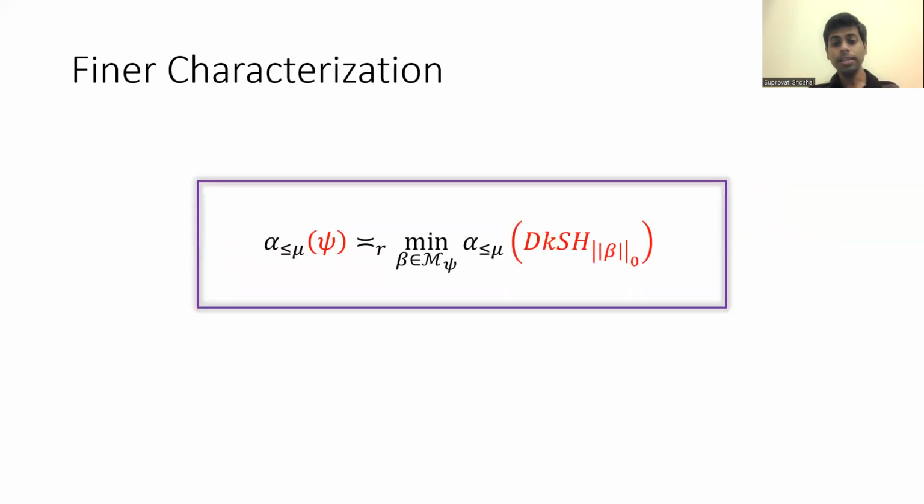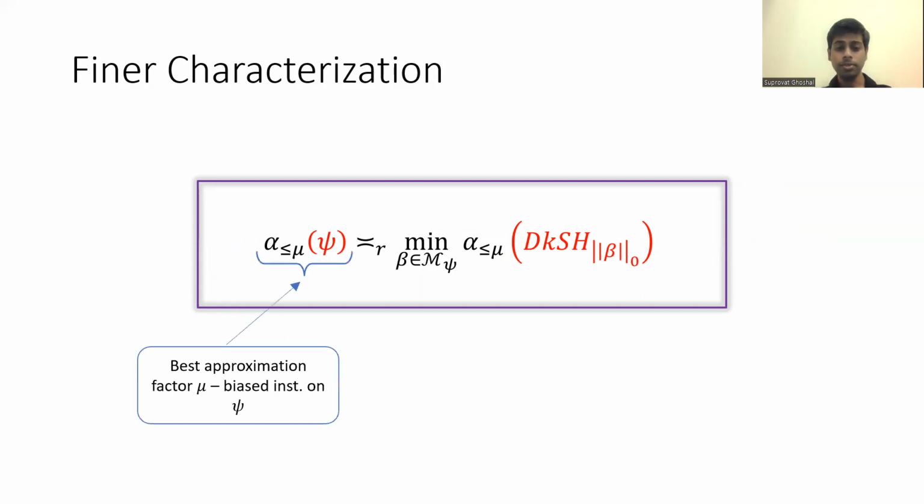Now, formally, what does this imply? Formally, it actually implies a somewhat complicated looking expression. So let's take a moment and unpack what this expression actually is saying. The left-hand side is, of course, the best approximation guarantee that we can hope for mu biased instances.